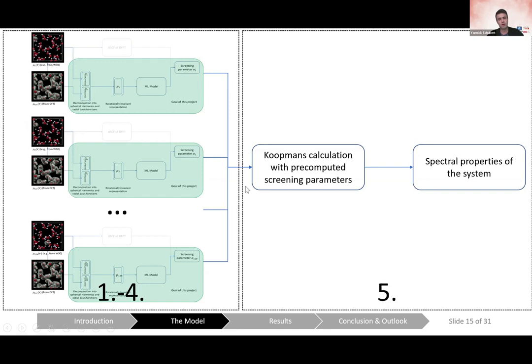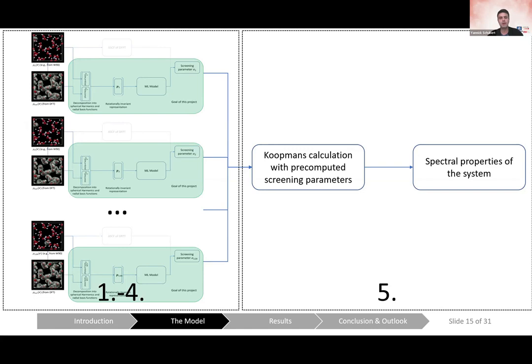However, this is not the end of the story, because in the end, we are interested in physical properties, and for Koopmans, especially in spectral properties of the system. And to obtain these, we have to perform one final Koopmans calculation.